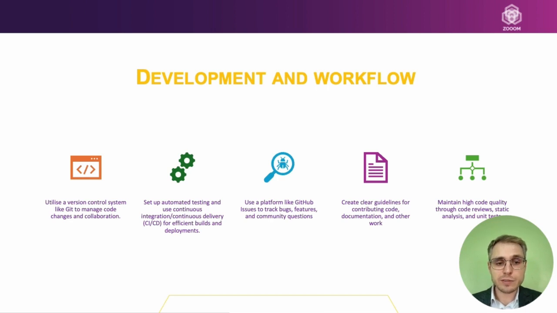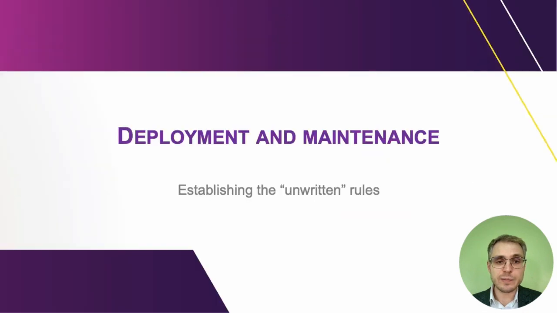You must use a platform like GitHub to track issues, bugs, pages, and also to communicate with the communities when it comes to raising either technical, organizational, legal, or ethical challenges relating to your project. You must also create very clear guidelines for contributing code, documentation, and other work. And you must, of course, maintain a high quality throughout code reviews, static analysis, and unit testing.